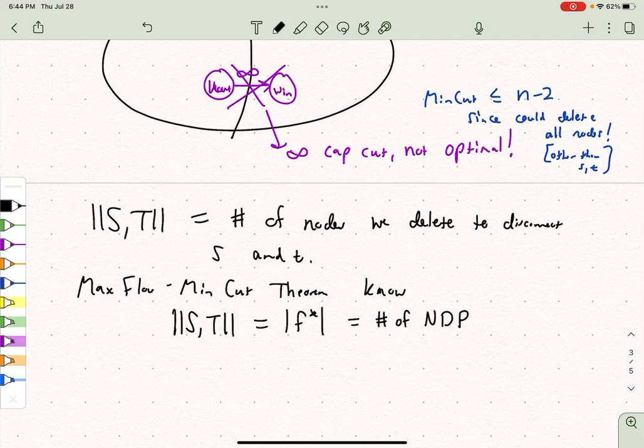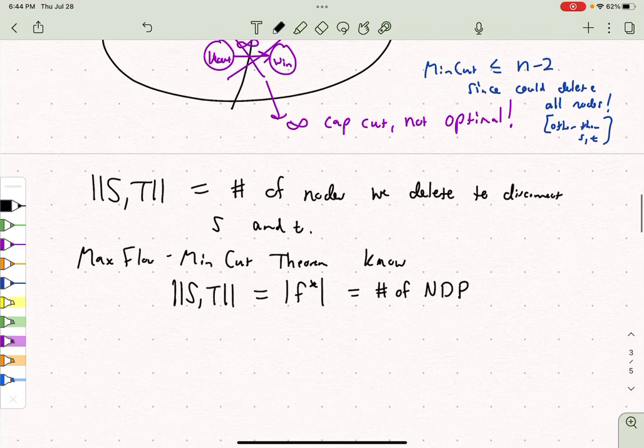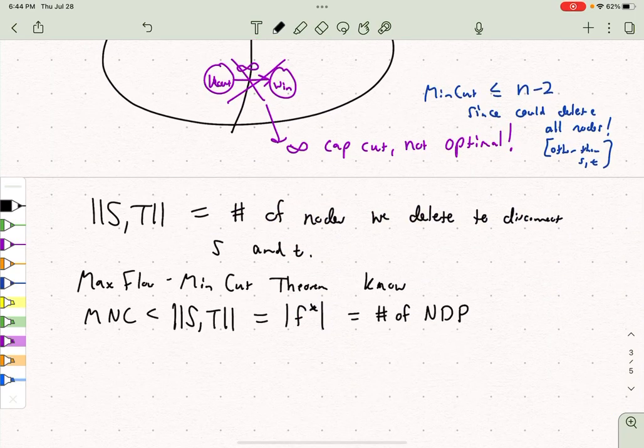And so ST gives us a specific cut. This gives us a specific way to delete things. And so the minimum node cut is at most that. So here we end up getting the fact that the minimum node cut is at most the number of node disjoint paths by using the max flow min cut theorem to relate them. And this is something you'll do all the time, and we'll see more examples of a little later.